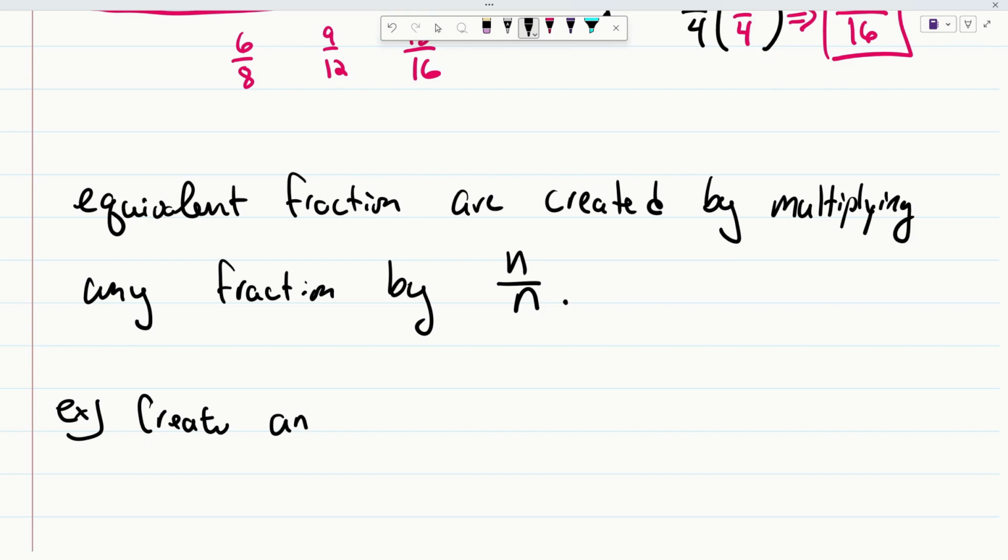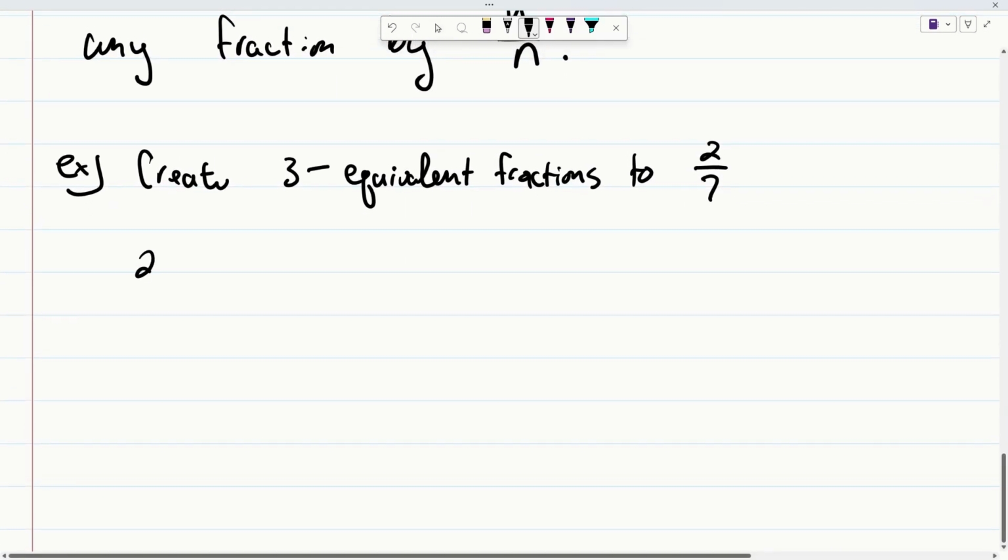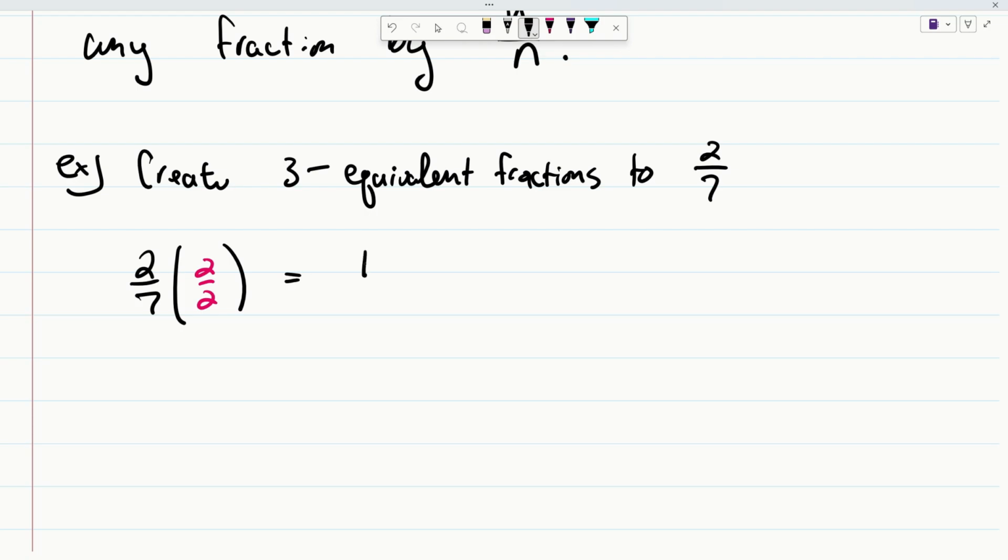All right. So example here, if I said create 3 equivalent fractions for 2/7. All right. Well, the first one you could create would be, I don't know, let's say 2/2. So we get 4/14. There's one equivalent fraction.